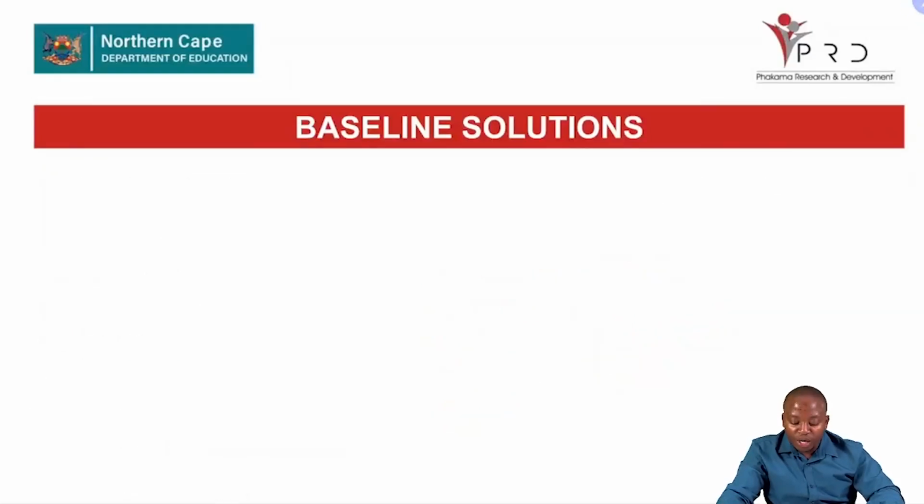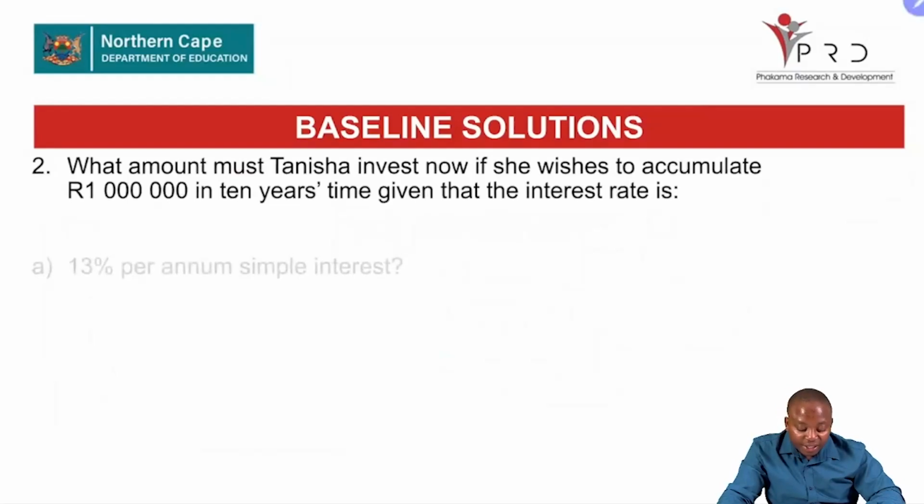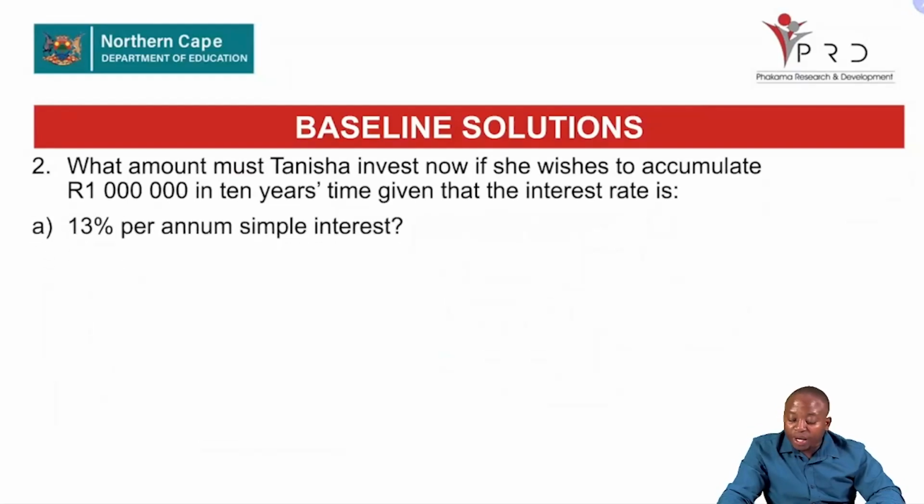Now let's focus on number 2. The second one says, what amount must Tanisha invest now if she wishes to accumulate 1 million in 10 years' time, given that the interest rate is 13% per annum simple interest.